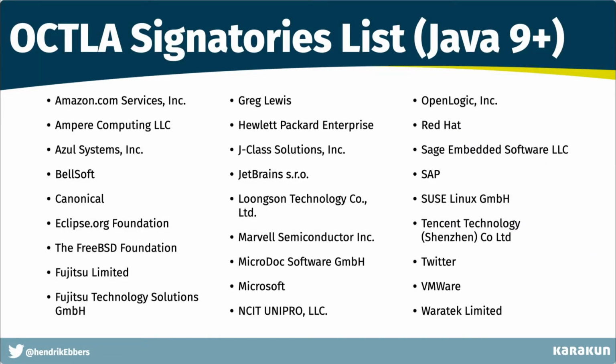So here you see the list of companies that have signed it, and you will see several companies that today provide Java binaries distributions like Azul, Amazon, Bellsoft, Eclipse Foundation, Microsoft, SAP, Red Hat, and so on.